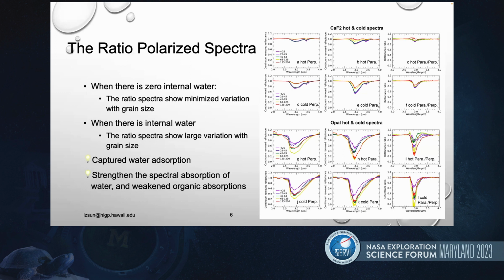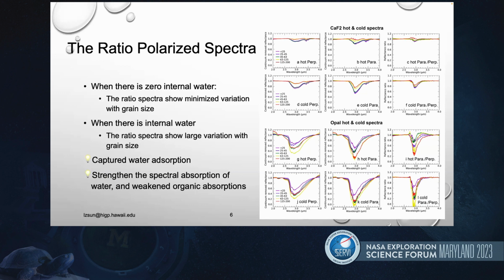We found something interesting. If you look at the last column, those are the ratio spectra of the parallel versus perpendicular branch. For the calcium fluoride, if you look at the top two figures in the last column, the difference between the grain sizes seems to have been minimized, except for the largest grain size, which is kind of divided from the rest of the data. The smaller grain size fractions show basically similar spectral absorption among all of the grain sizes.